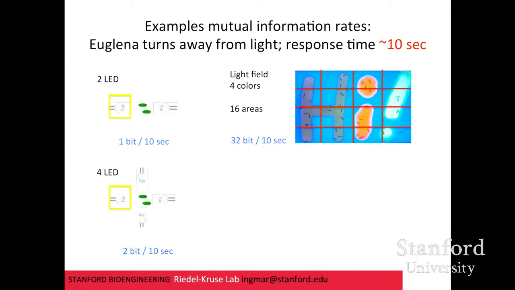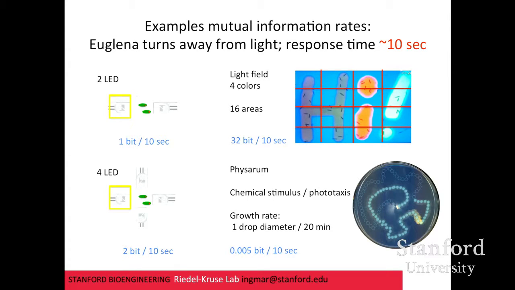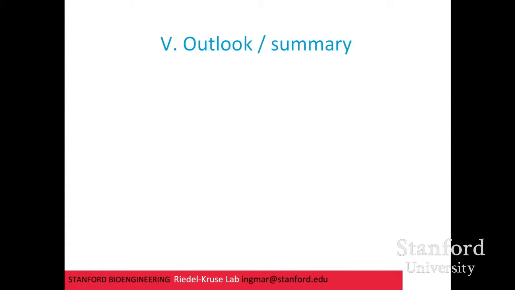If you have this projector system, which you can maybe tile up and have different people running on different parts of it, you maybe get more like 30 bits per 10 seconds. If on the other extreme we look at this Physarum system, which had a much lower throughput, where we only got an image every 10 minutes or so, you're way lower than that, right? And so I think having those sort of coarse measures could really be informative of what to do in order to enable interactivity at scale and also at low cost.